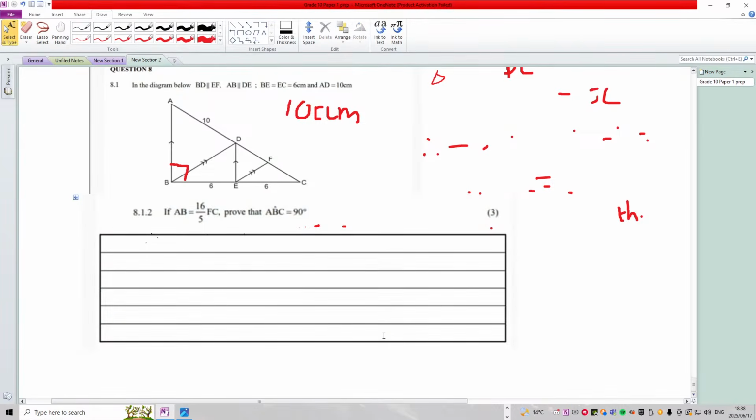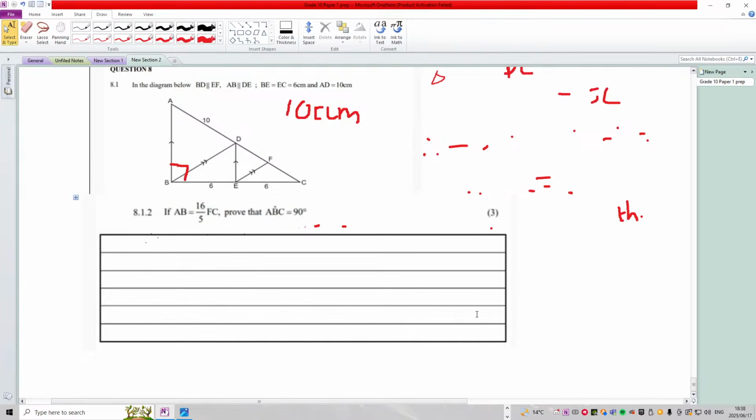Okay. So we need to prove that this is a right-angled triangle. Firstly, we have been told that AB is equal to 16 over 5 FC, prove that angle ABC is equal to 90 degrees. When a triangle has a 90 degree angle, we can apply the theorem of Pythagoras, but it also works in a converse.